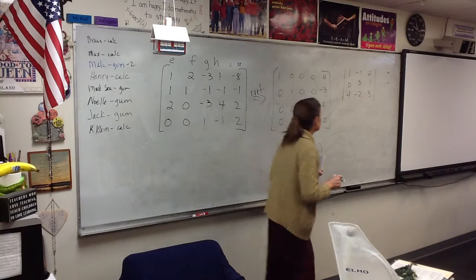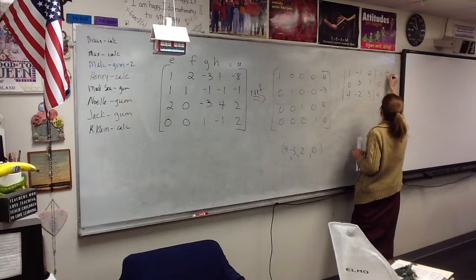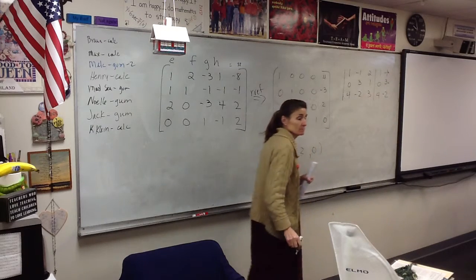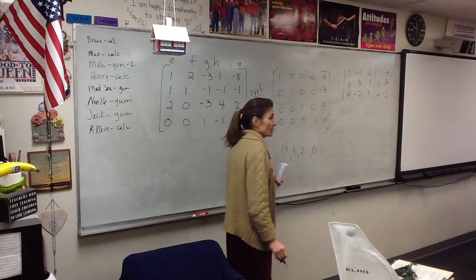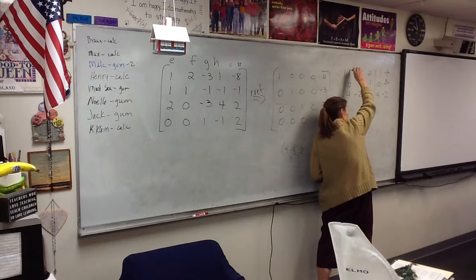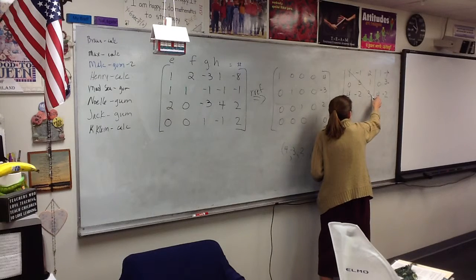First, we take the first 2 columns and we copy them exactly. Then we start right here. And we multiply these 3 numbers together.